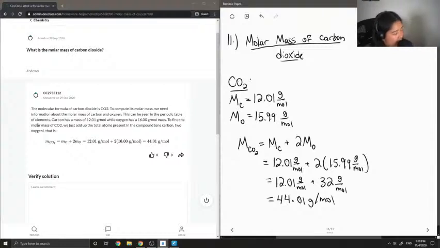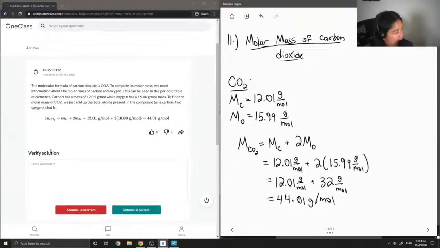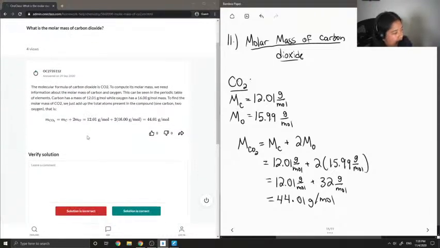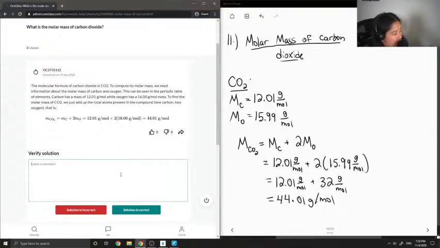To find the molar mass of CO2, we just add up the total atoms present in the compound, 1 carbon, 2 oxygens. That is M_CO2 is equal to M_C plus 2 M_O, which is equal to 44.01 grams per mole. So this solution is correct.